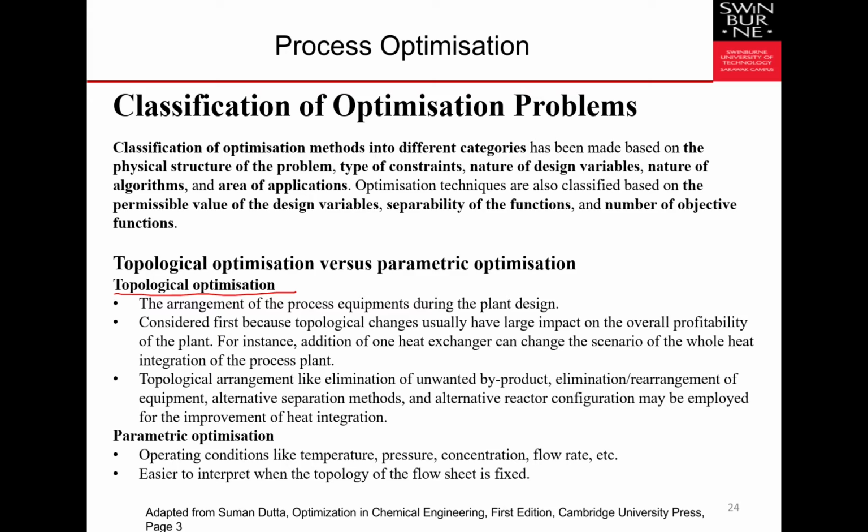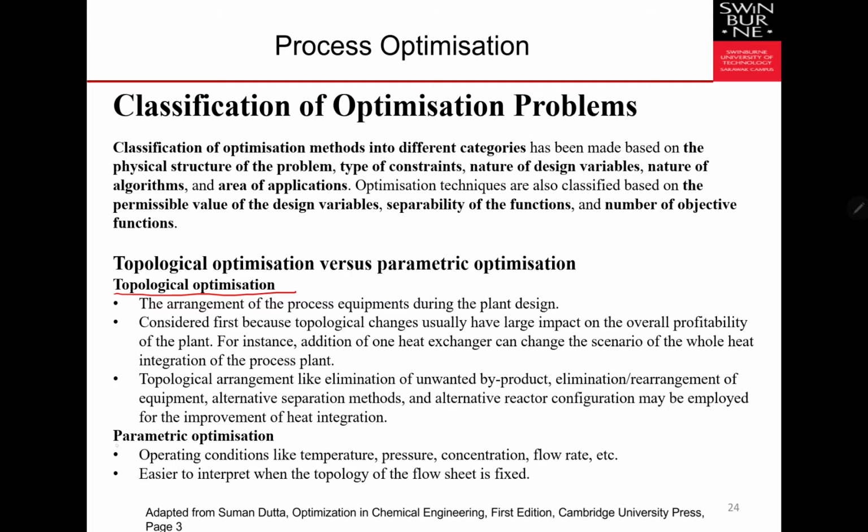Okay, topological changes will have a great impact on the overall profitability of the plan, because in example, addition of one heat exchanger can change the scenario of the whole heat integration of the process plan. Topological arrangement like elimination of unwanted byproduct, elimination or rearrangement of equipment, alternative separation method, and alternative reactor configuration may be employed for the improvement of heat integration.